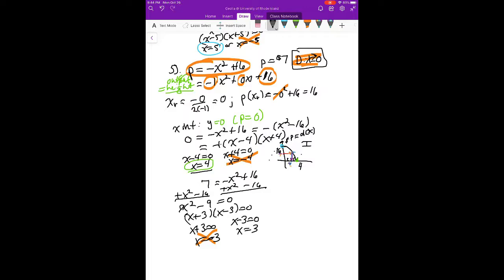So in answer to our question, our quantity in thousands of units, so if the price is $7 per unit, the demand is 3,000 units. All right, so we're going to use this 3,000 units.